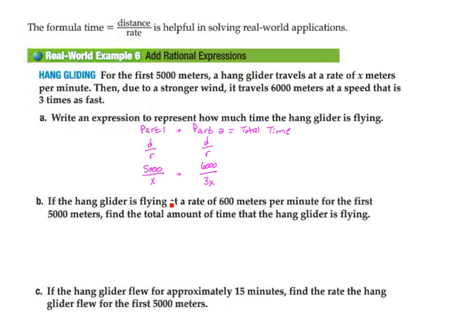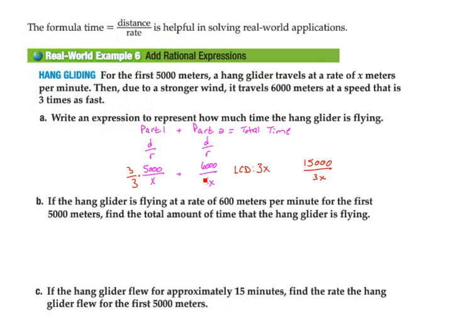But again, notice that those are two rational expressions. We want to go ahead and combine them. So how do we do that? We find our least common denominator. They both have an x in common. We have to compensate for that 3. So how are we going to do that? We are going to have to multiply this first term by a 3. And then we're going to combine those. So 5,000 times 3 is 15,000 over 3x.